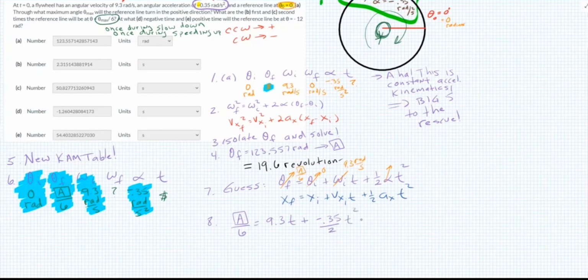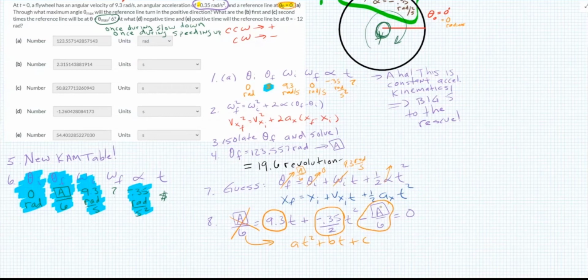So then I'm just going to do this minus A over 6 equals 0. So I'll bring this A over 6 over to the other side. In the world of quadratic equations, I'll have AT squared plus BT plus C. So this would be my A term, this would be my B term, my linear term, and this would be my constant term.